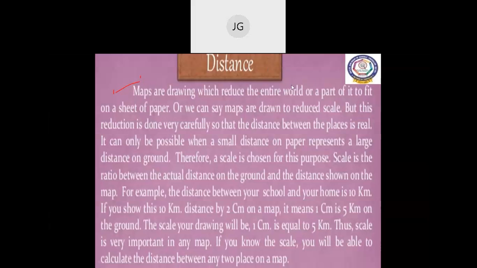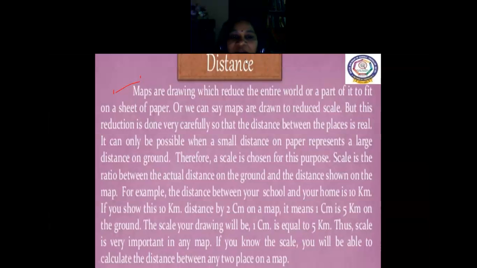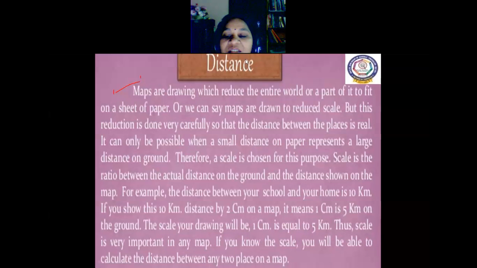Therefore, a scale is chosen for this purpose. Scale is the ratio between the actual distance on the ground and the distance shown on the map. For example, the distance between your school and your home is 10 kilometers.